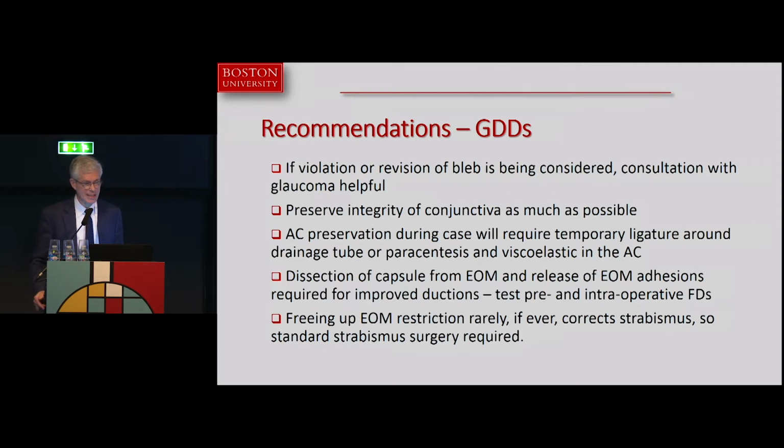It's probably easiest just to put a paracentesis in, put a little bit of Healon right over the tube opening in the anterior chamber and be able to maintain your anterior chamber that way. A little forethought is very helpful when it comes to managing these patients. And you can either remove the Healon after the case is done, or you can leave it in place and it'll drain out through the tube in a matter of days.